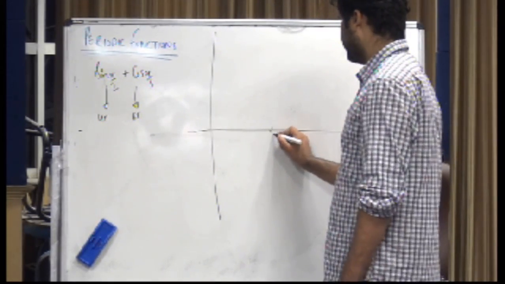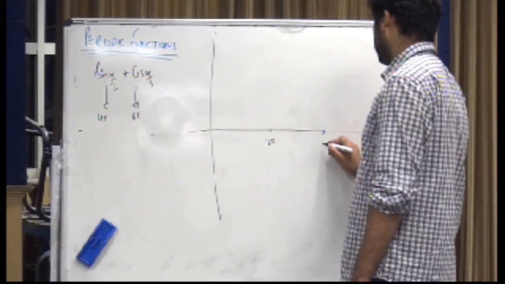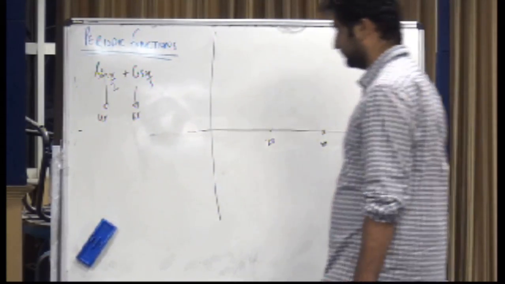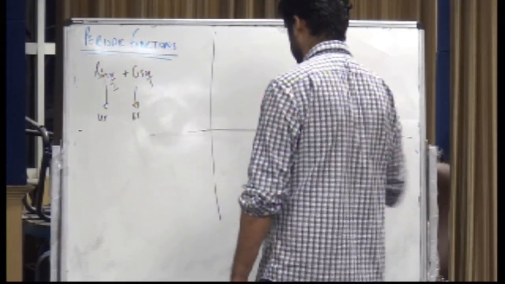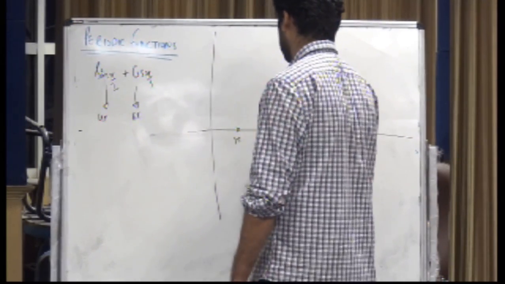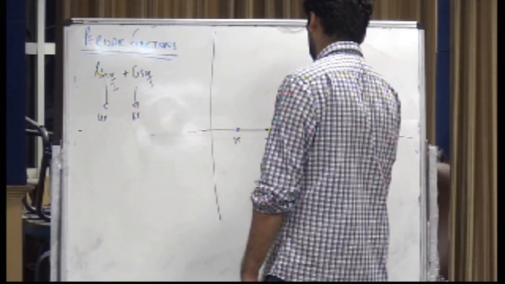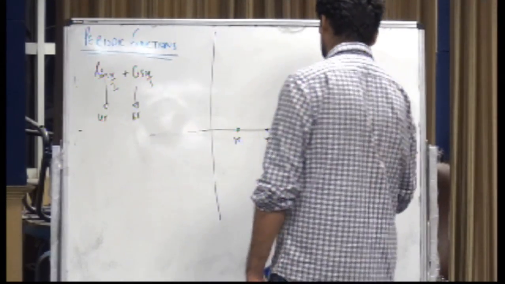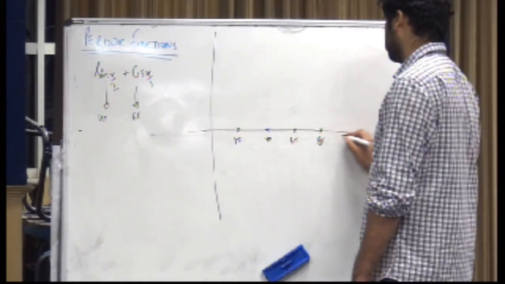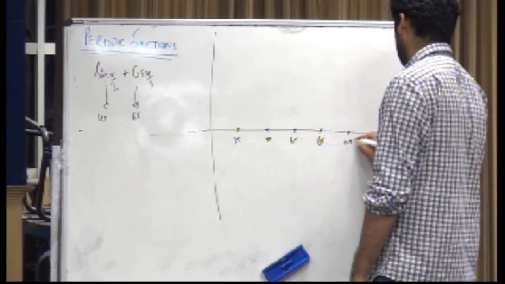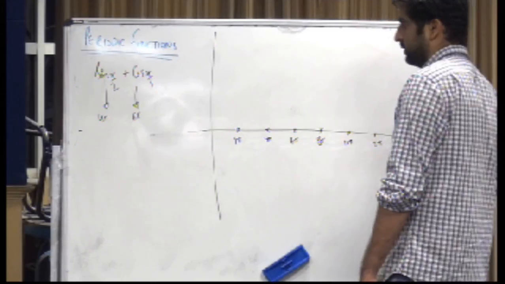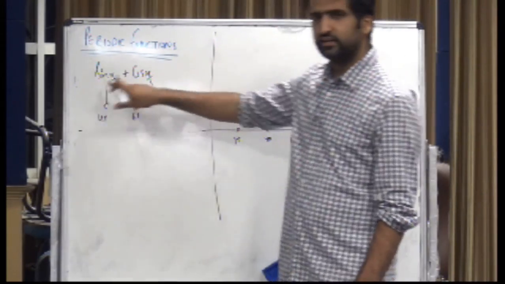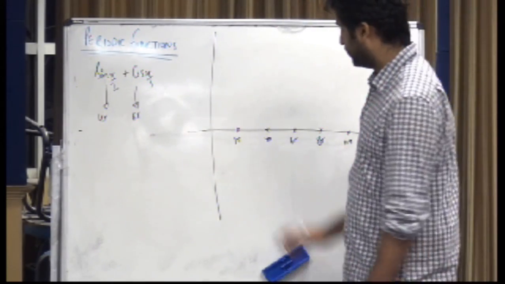So you get 2 pi, 4 pi, 6 pi, so the period for this sin x will be 4 pi.